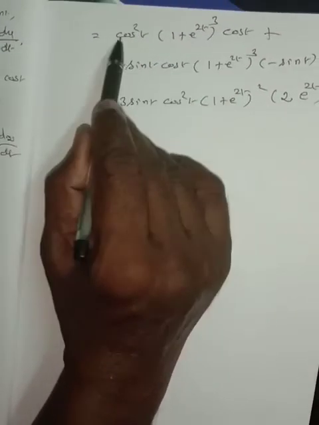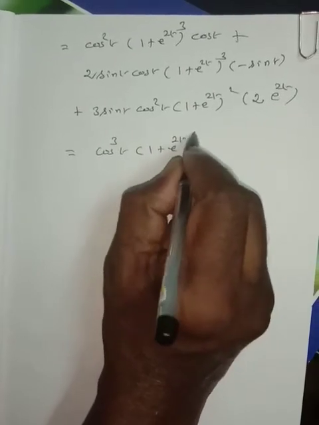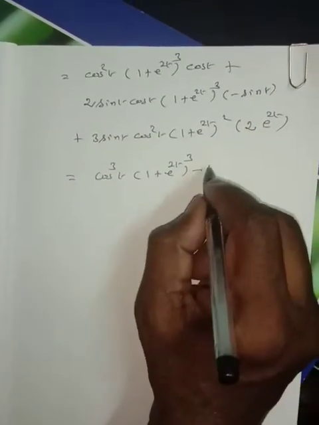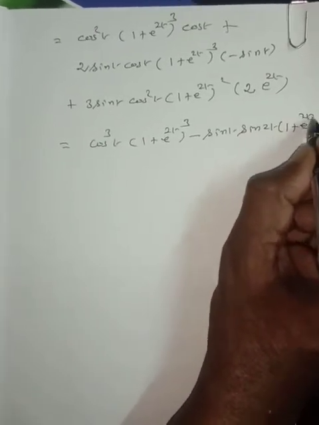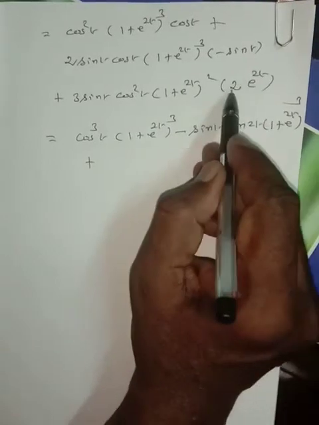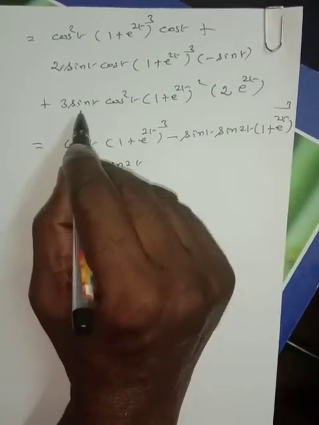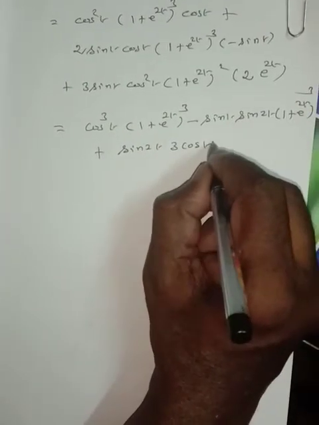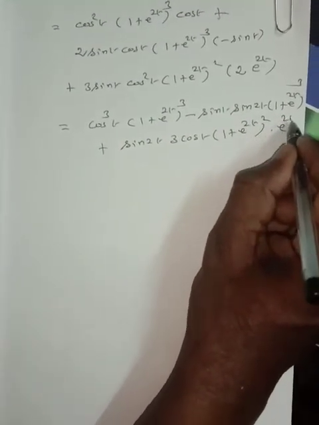So cos t into cos² t is cos³ t (1 + e^(2t))³, plus into minus is minus 2 sin t cos t, which is sin 2t, into sin 2t (1 + e^(2t))³, plus 3 sin t, only one sin, 2 sin t cos t is sin 2t, into 3 cos t (1 + e^(2t))² into e^(2t).